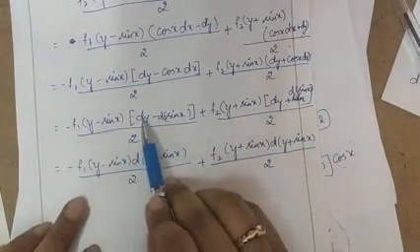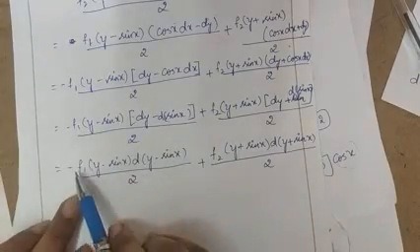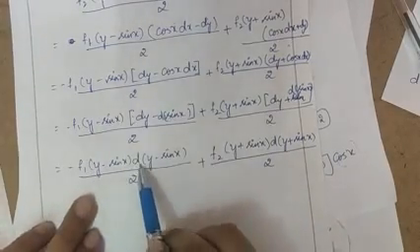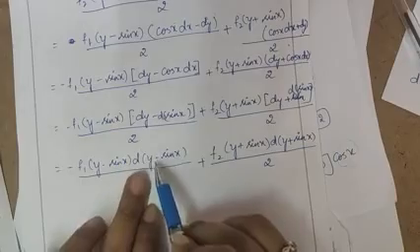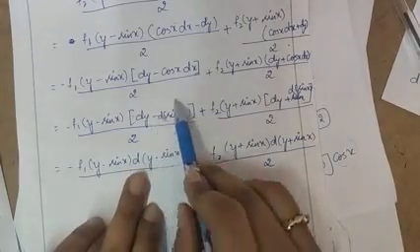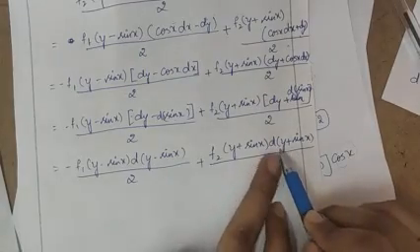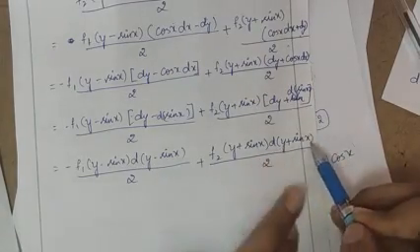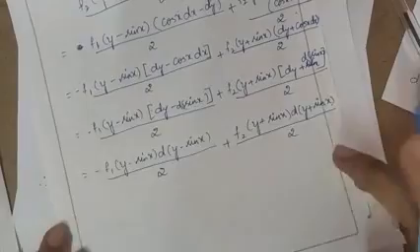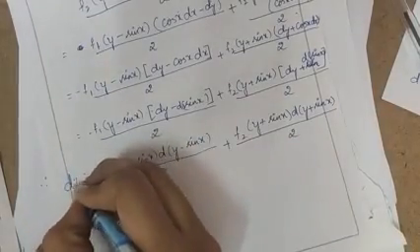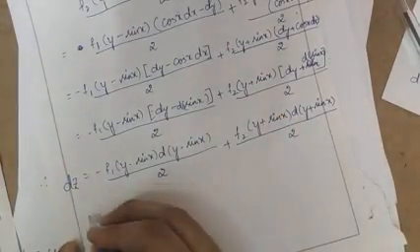So here I have taken d outside, so minus f1 of y minus sin x into differentiation of y minus sin x, you will get the same thing, plus f2 into y plus sin x into differentiation of y plus sin x, divided by 2. This is my dz. Now if I integrate this term, I will get z.